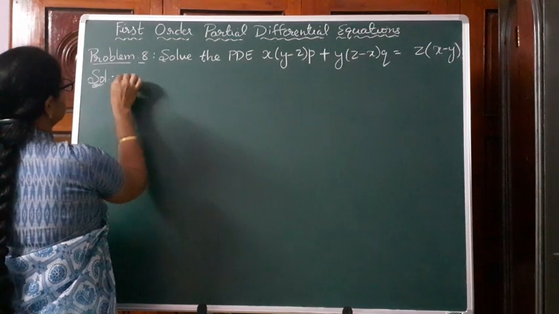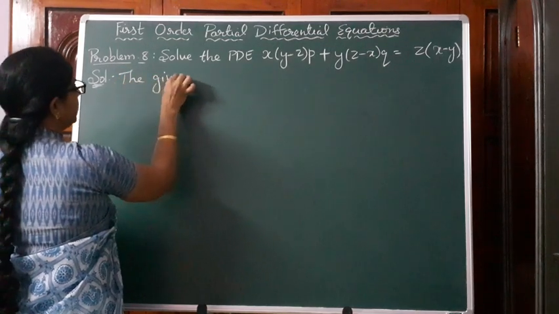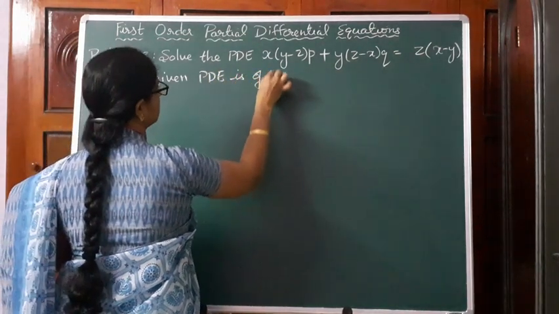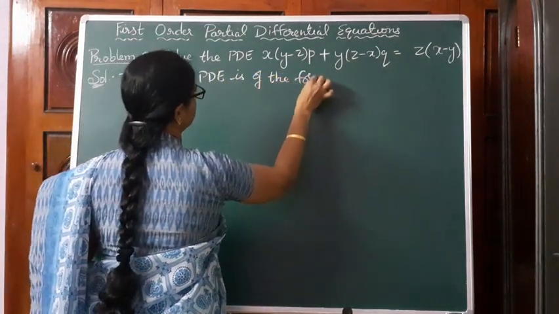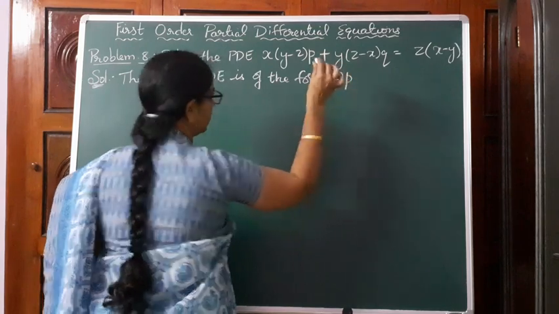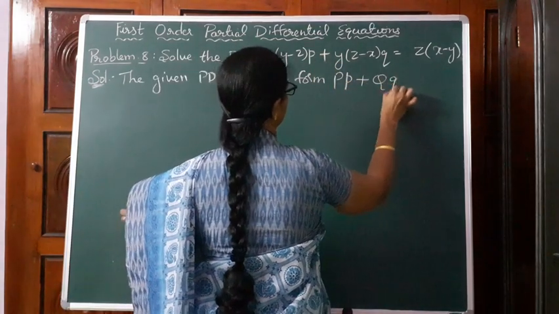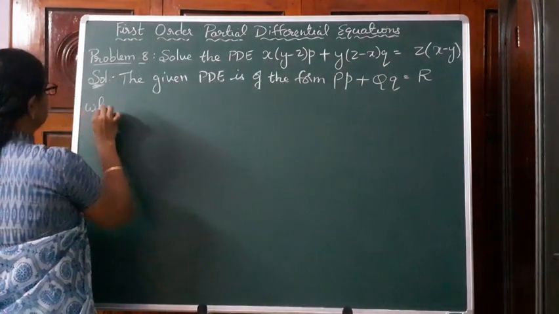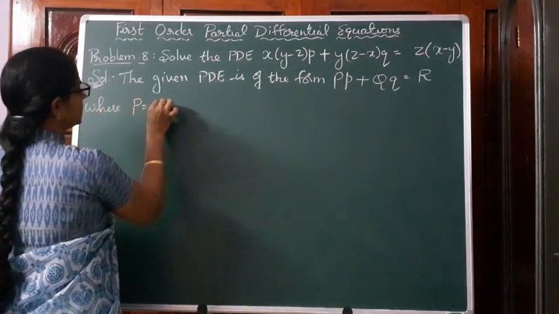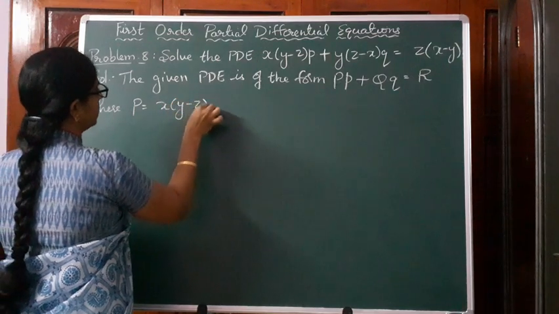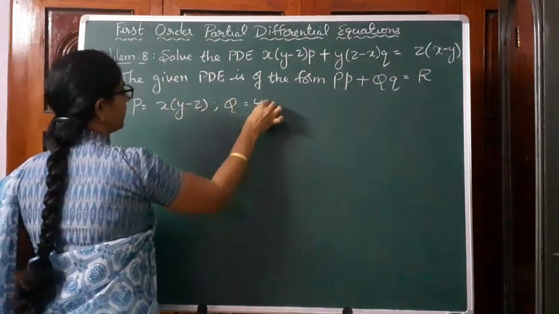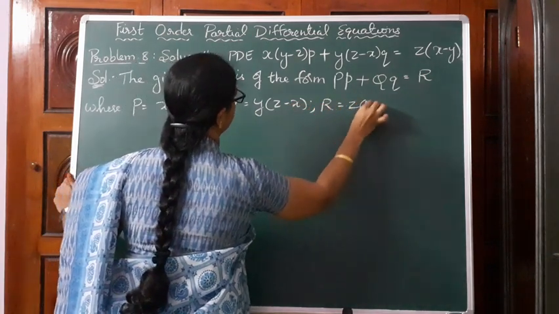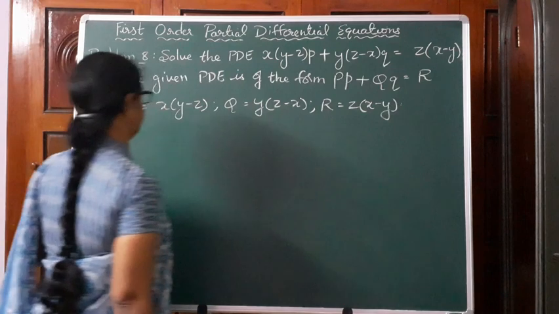The given PDE is of the form P into p plus Q into q is equal to R, where capital P is x into y minus z, Q is equal to y into z minus x, and R is equal to z into x minus y.